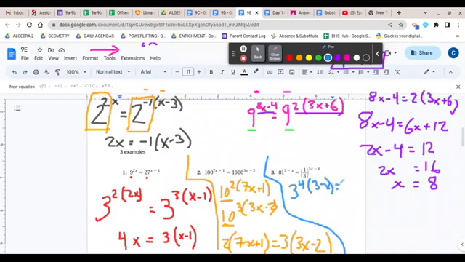Over on the other side, 1/3 is 3 to the negative 1st power, and then 5x minus 6. So what we'll have here is 4 times 3 minus x equals negative 1 times 5x plus 6.